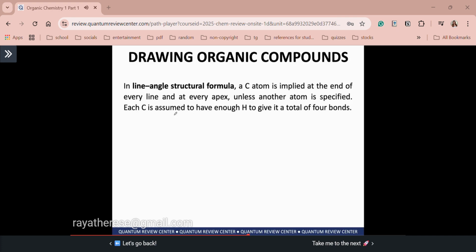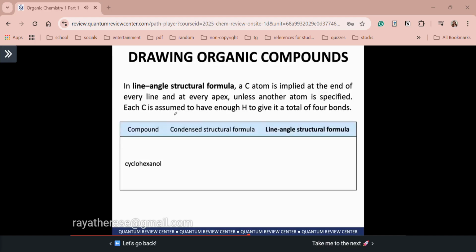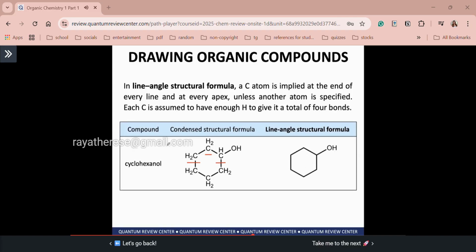So let's take cyclohexanol as an example. For condensed structural formula, somehow, it is rather overwhelming. Check the structure. It is medyo overwhelming and messy, class, if you will also showcase the carbon in your cyclic ring structure, and the hydrogen present in our structure. So most of the time, class, if it's just simply a hydrocarbon chain or hydrocarbon bonding, we will omit directly your C and H atoms. In the line angle structural formula, the hydrocarbons, the CH atoms, are eliminated.